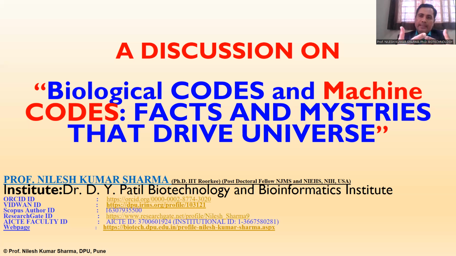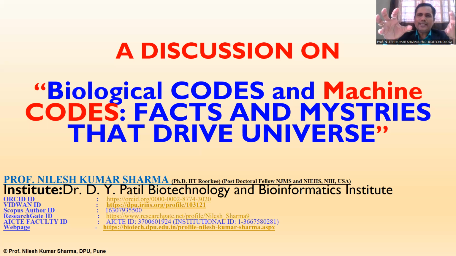Whenever I refer to machine system, it includes artificial intelligence enabled systems like mobile phone, computer, laptop, or any other forms of machine. So that is where biological codes are for biological systems and machine codes are for all these machines in the form of mobile phone, laptop, computer, and many more.